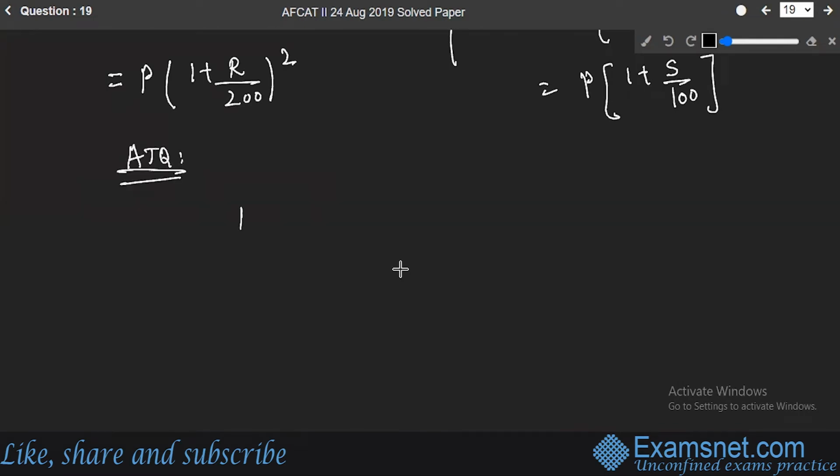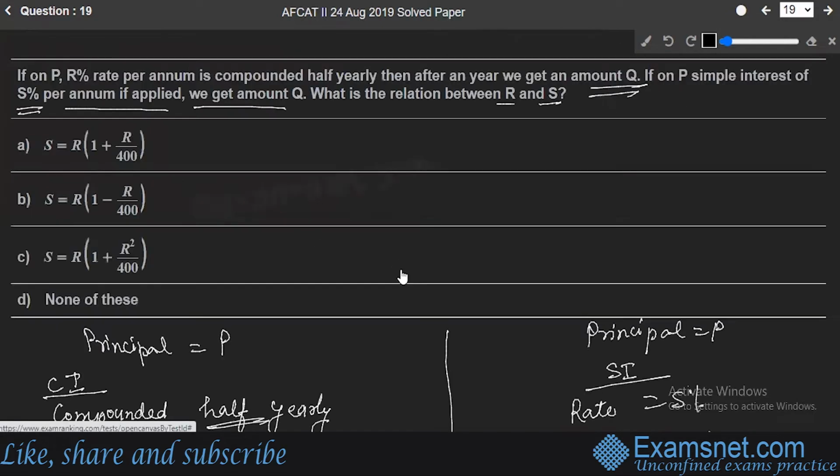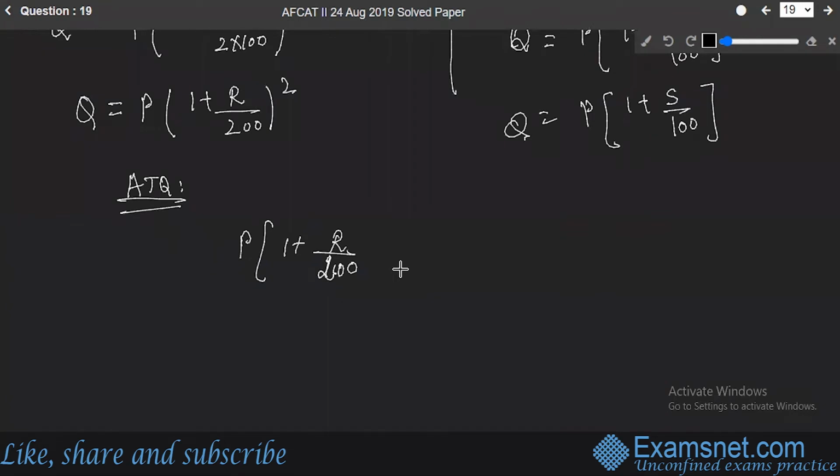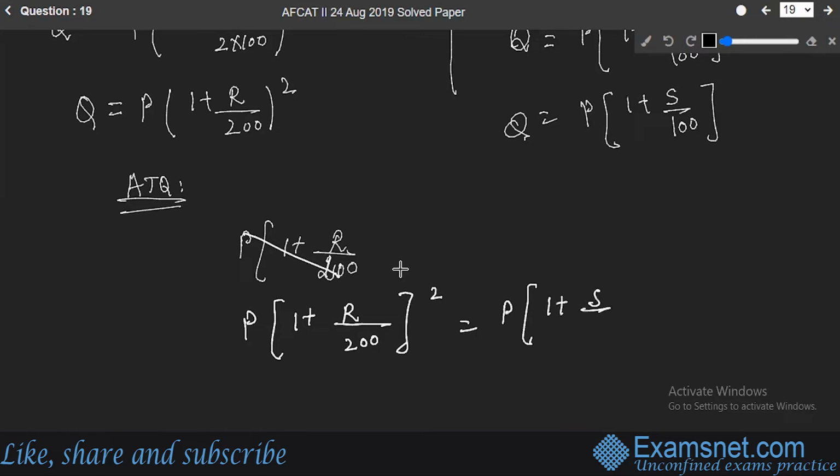According to the question, this P1 plus, they are both Q, right? This is Q and this is also Q. So both are equal. So P1 upon 200, I'll rewrite this one. 1 plus R upon 200 raised to the power 2 is equal to P1 plus S upon 100.